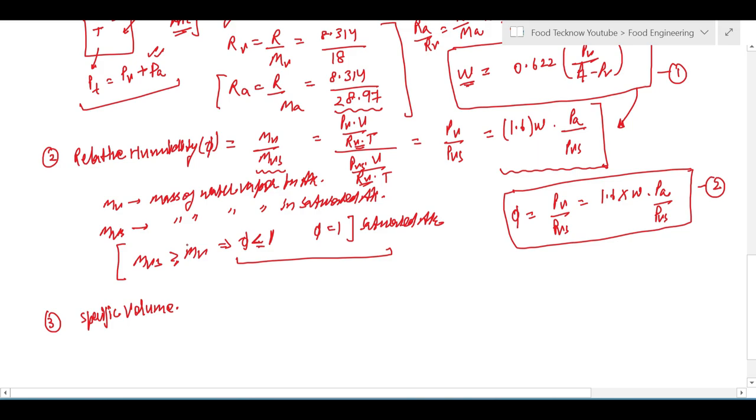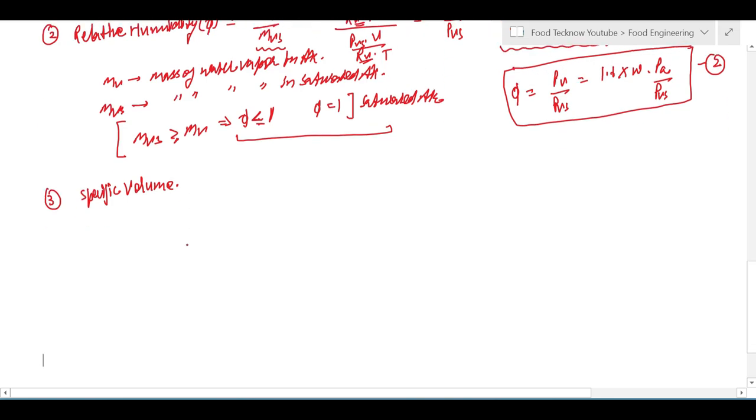So let's understand the next formula, that is the specific volume formula. It is written as, for the specific volume of the humid air or the moist air, it is represented in this form, and the unit is meter cube per kg of dry air.